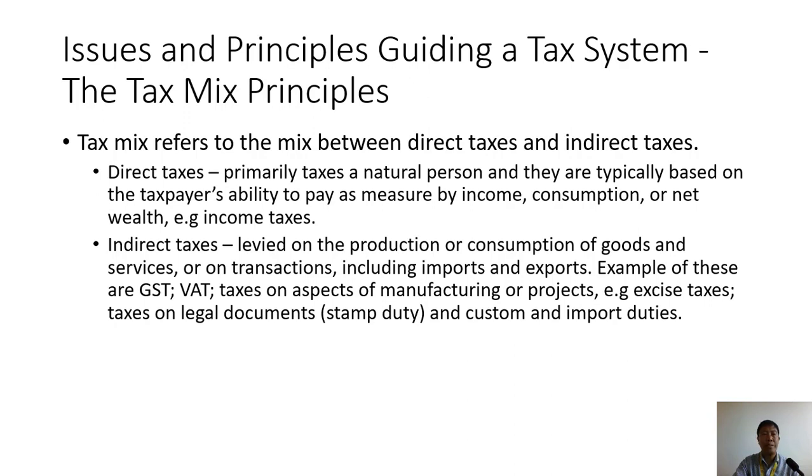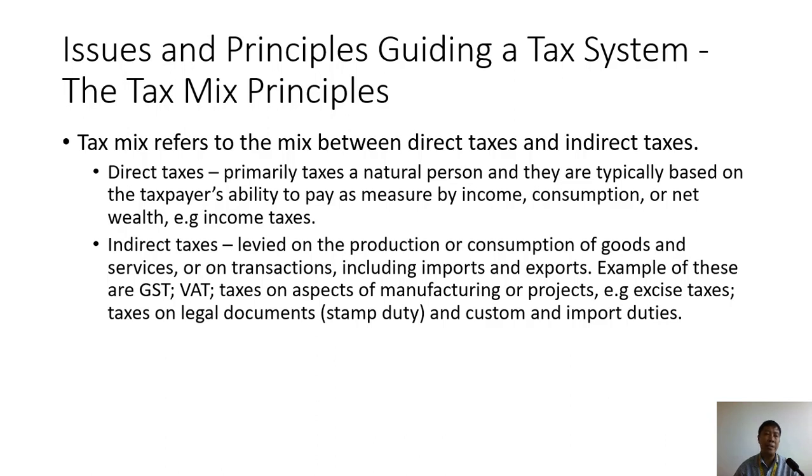Okay, what are the tax mix principles? Okay, so we have direct and indirect taxes. Direct taxes is primarily tax on a natural person and they are typically based on taxpayers' ability to pay, a measure of income, consumption, or net wealth. Okay, so example of this will be income tax.